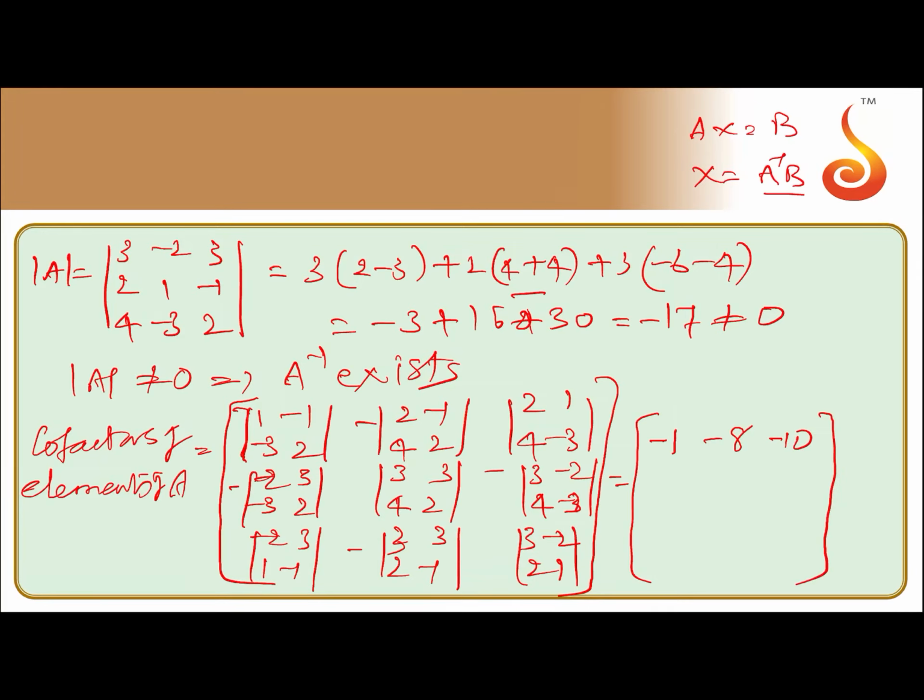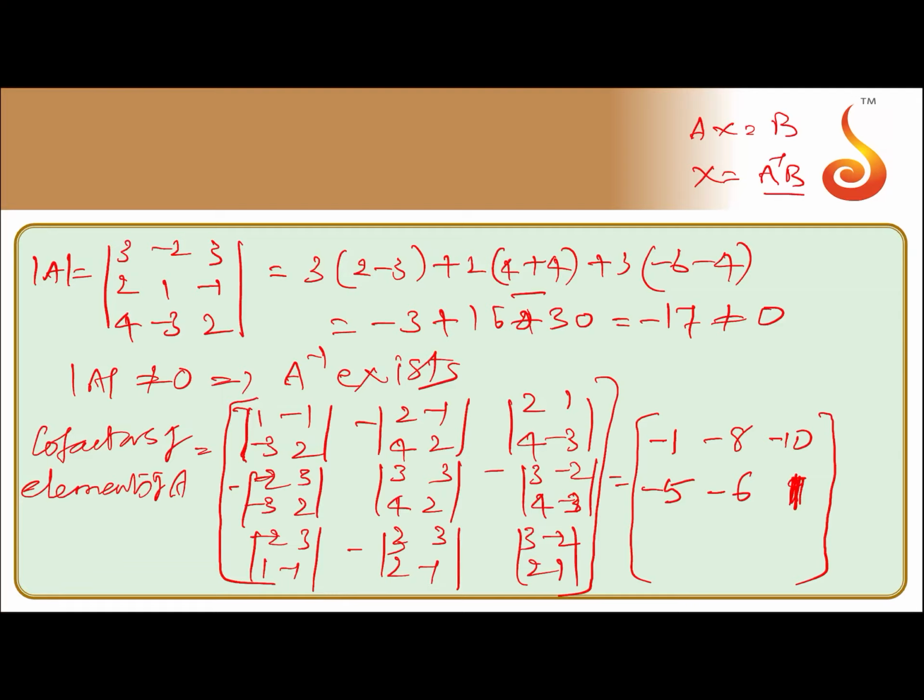Minus 4 plus 9, I hope it's 5 with a minus sign. Yes, 6 minus 12, minus 6. And minus 9 plus 8, minus 1. Minus of minus, plus 1. Sorry, it's a plus 1.